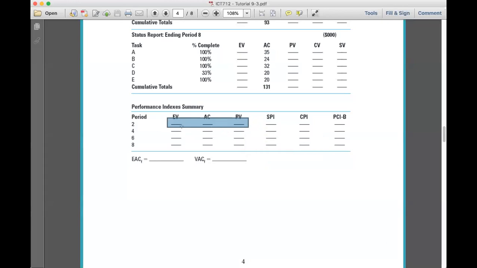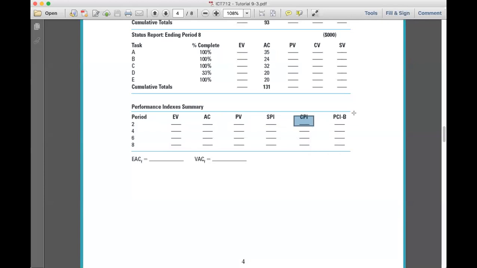Okay, 46, 37, and 32. SPI is earned value divided by planned value. So 46 divided by 32, what do we get as SPI? 1.437, correct. And CPI is earned value divided by actual cost, 46 divided by 37.